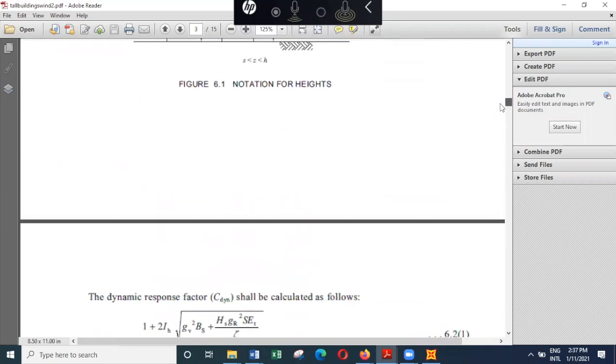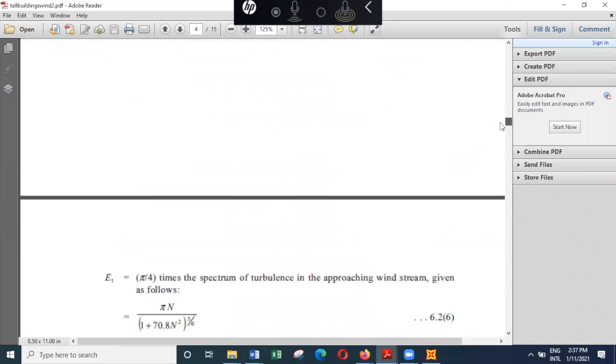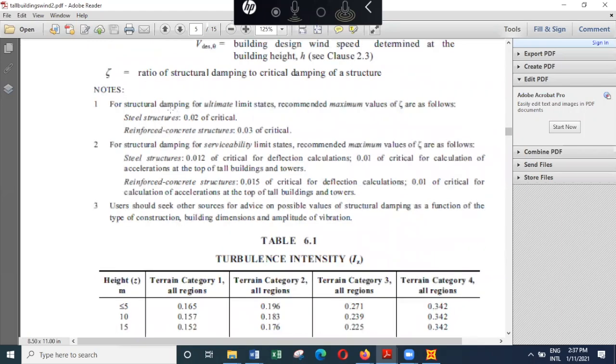and the value of damping depends on whether you are considering the ultimate limit state or the serviceability limit state. Here we are calculating this to determine the ultimate load. C dynamic is determined to find the ultimate loads. Because of that, the damping ratio that we can use is 0.03.